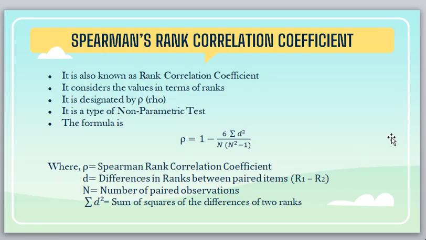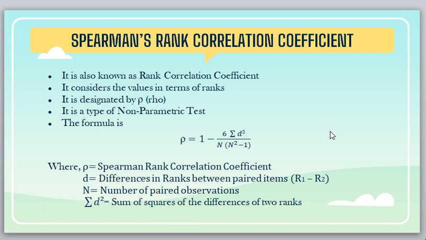So now coming to the next one, Spearman's rank correlation coefficient. It is also known as the rank correlation coefficient, and it considers values in the form of ranks. It is denoted by rho, and it is a type of non-parametric test. So the formula is this one, the formula for the Spearman rank correlation coefficient. You can get the steps; I have not included the steps in this session.